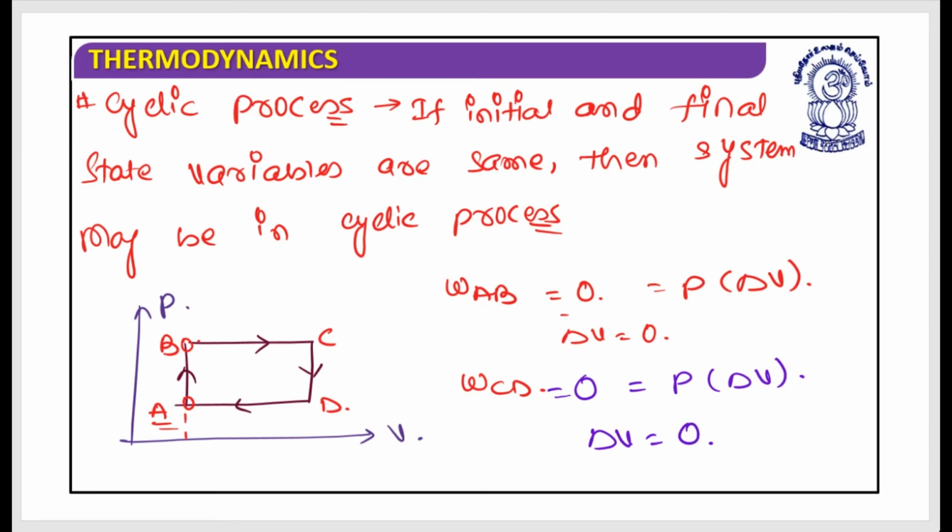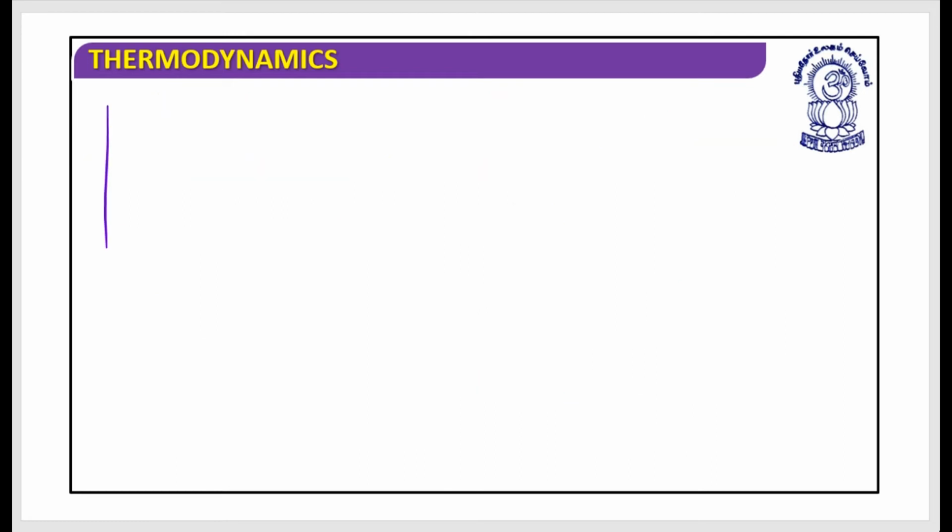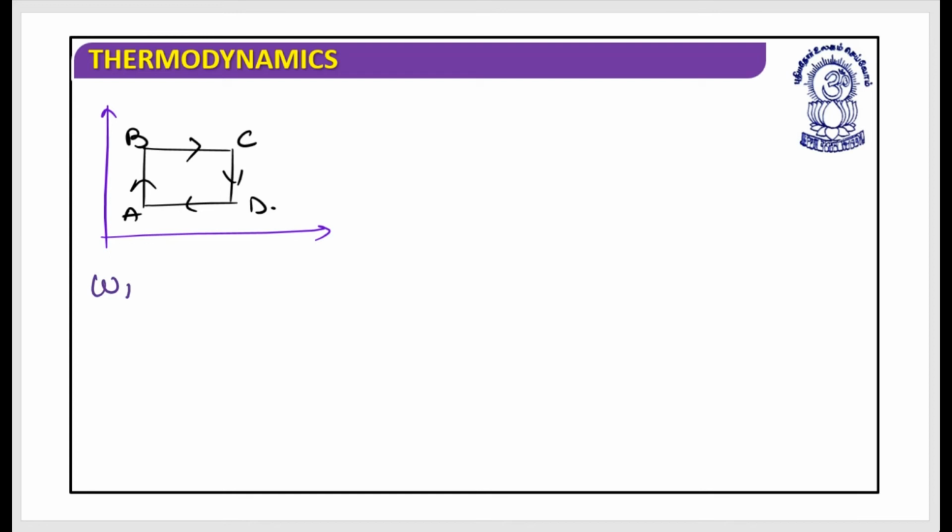Now I need to find out the work done due to B to C. Let me redraw. This was the situation, A, B, C and D. So the work done due to AB is equal to the work done due to CD, which is 0. Now I need to find out the work done due to BC. How will I do this?